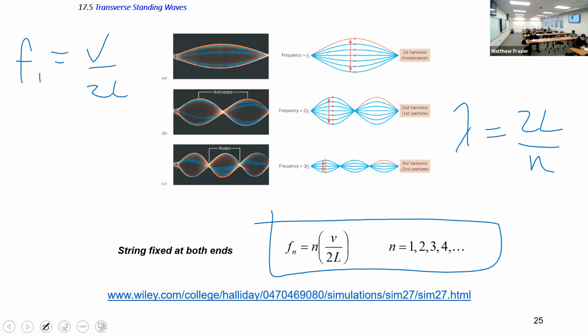And V is a function of the tension in the string. But then every other one, Fn, is just n times F1. So you get a fundamental frequency. The first harmonic is the one that you tune for. But then you also get a second, a third, a fourth, and so on, that represents all the other possible waves that could fit on the string.